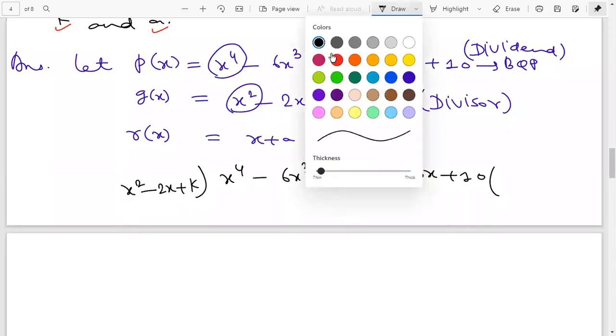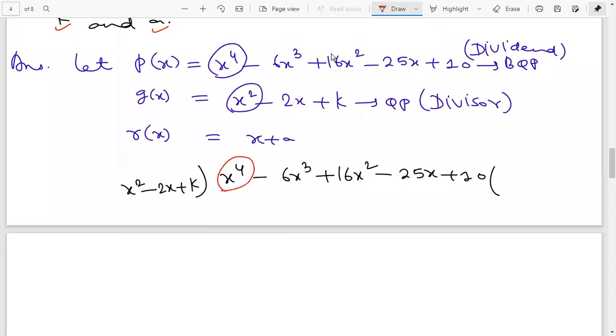First, as always, we'll focus on x to the power 4. Here also x square. So the first value will be x square, because x square into x square will be x to the power 4. Then x square will multiply with all the remaining values also: x to the power 4, minus 2x cube, plus kx square.